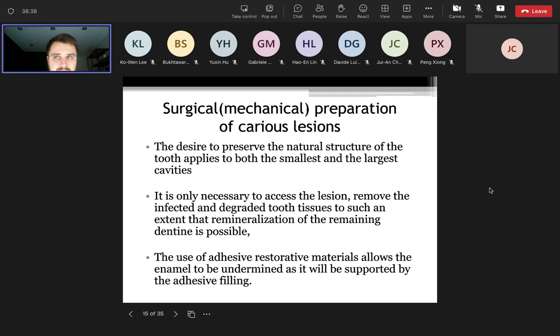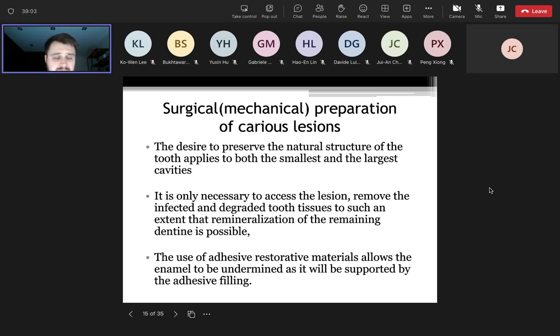I think the larger cavities are more important for us. We have to think twice in the biggest cavities, because the mechanical aspect is really important, especially in molars and premolars.